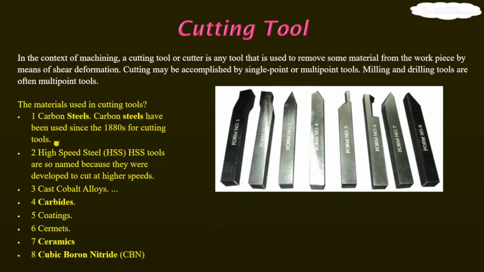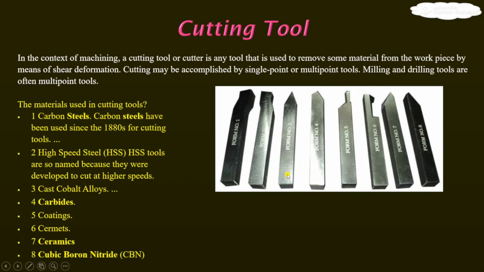Now, as we have seen, various cutting tools are used as per the application and as per the machine. Application means the operation, what types of cutting we want to perform. These are the common cutting tools that we use in the lathe machine, and this type of tool is also used in the shaping machine.